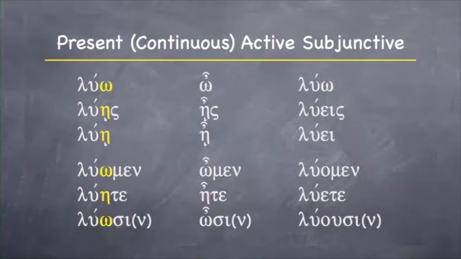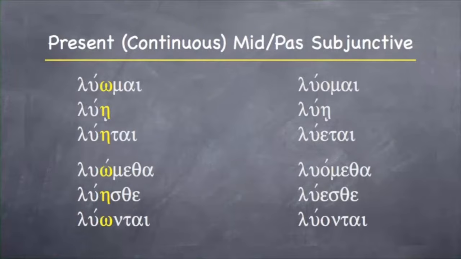But anyway, there's the present or the continuous active subjunctive. Going to the middle passive, and again, everything is as you would expect. Luomai, lue, luetai, luometha, luestha, luontai. Second person singular is identical in the subjunctive and the indicative, but other than that, the long vowel will show you that you're in the subjunctive.